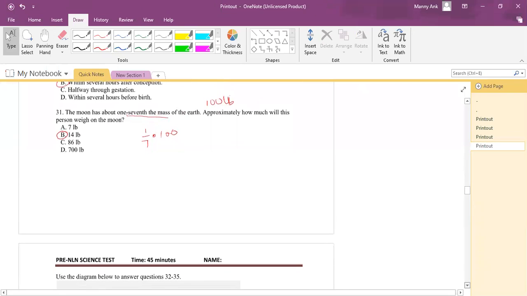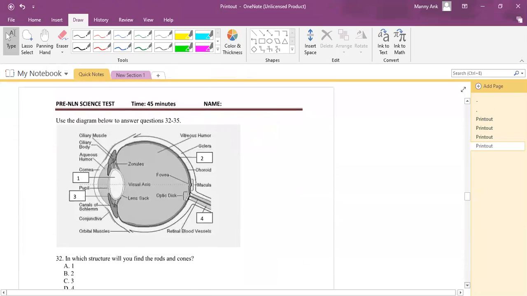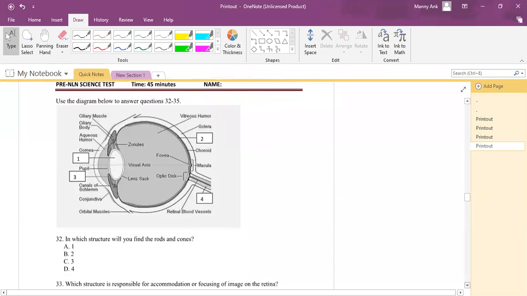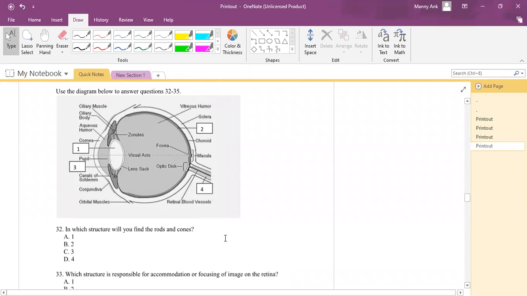Okay. All right, so number 32 to 35. There's a diagram of the eye. In which structure will you find the rods and cones? The rods and cones are in the retina.